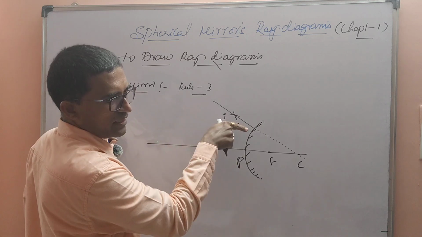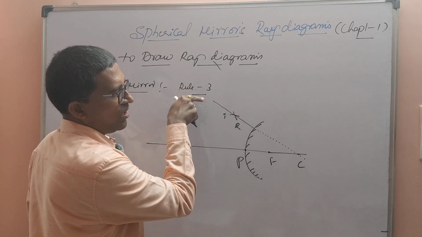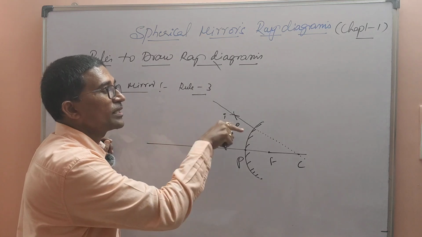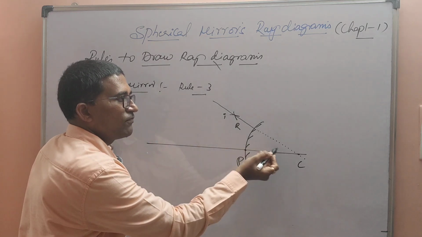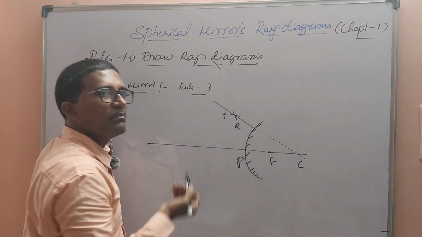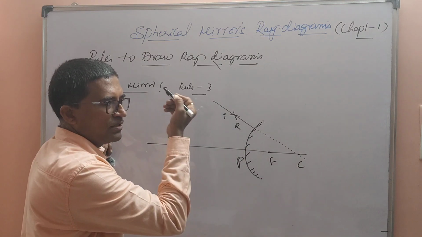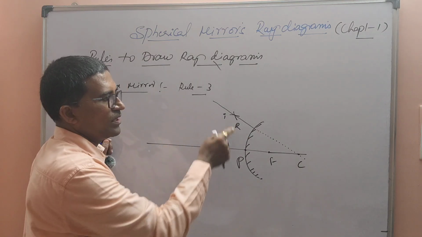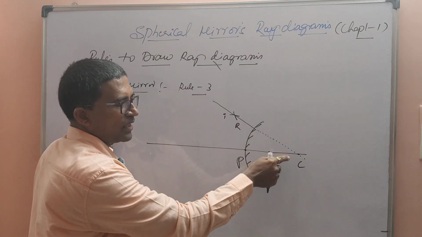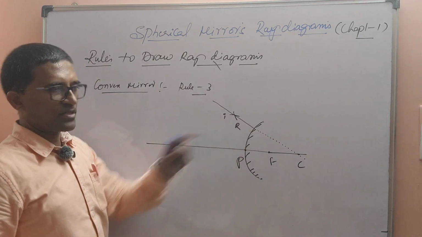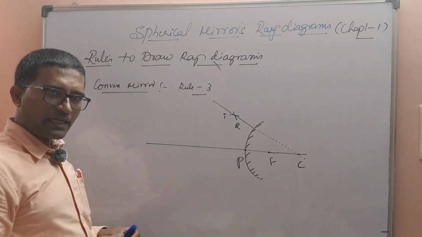If you extend the dotted lines back, it appears that it is passing through the center of curvature. See, now this is rule 3.